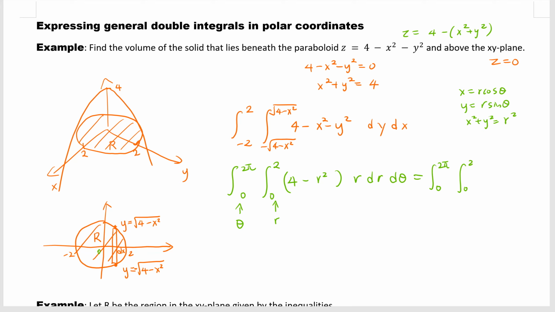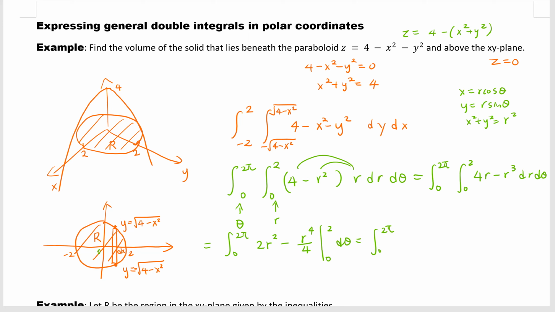First, we don't have product rule or quotient rule, so distribute it. So we have 4r minus r cubed dr d theta. Integral of 4r is, with r squared divided by 2, 2r squared, and r to the 4 divided by 4, evaluate from 0 to 2 d theta.